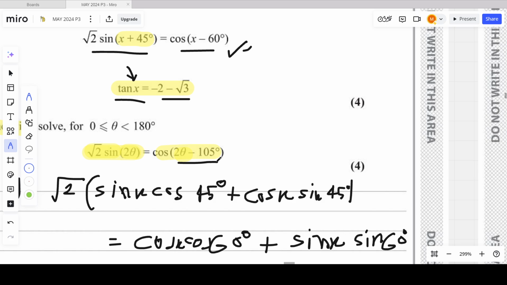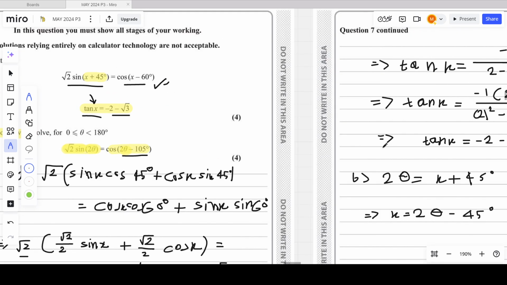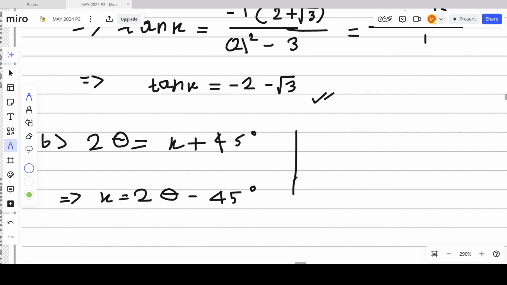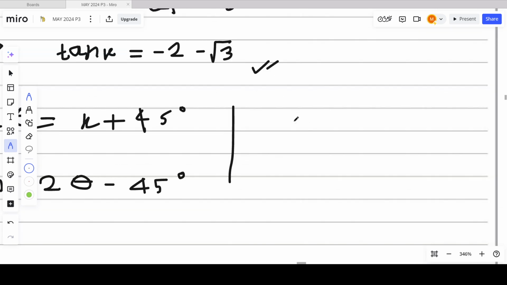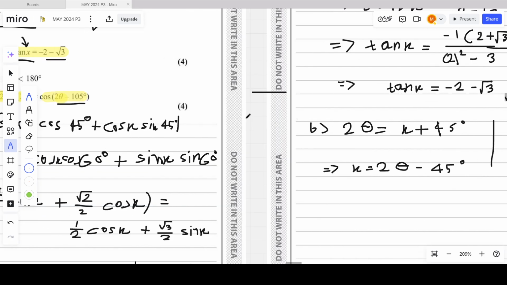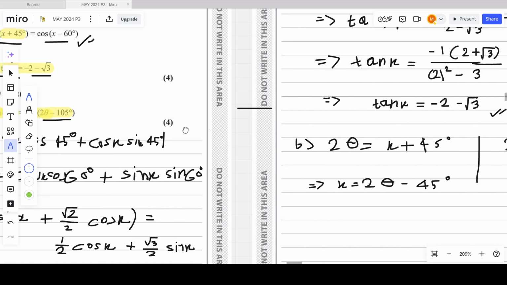Now you might ask why I didn't consider the bracket, the part within the bracket of cos theta. You can consider this also, no problem. You will get the same value. If you consider that, it will be 2 theta minus 105, equals x minus 60.